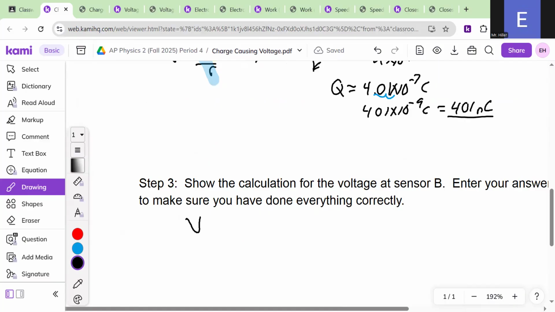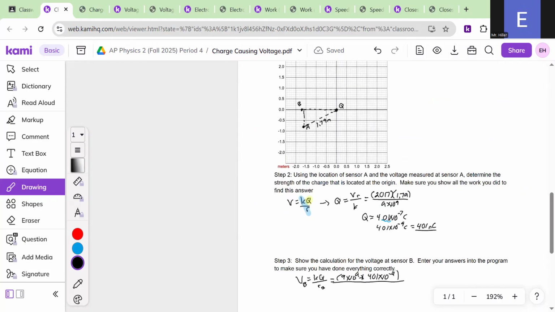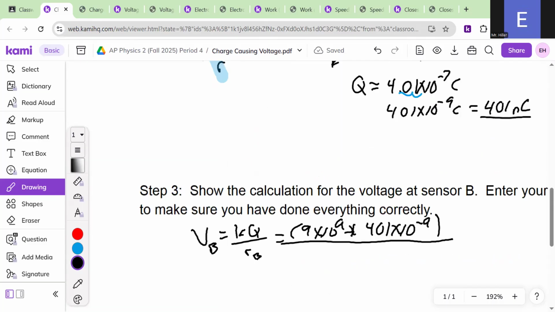Now, if I take that and put it back into the same equation, I can figure out the potential at B. 9 times 10 to the 9 times my charge, 401 times 10 to the negative 9, all divided by the distance to B, which is 1.7.